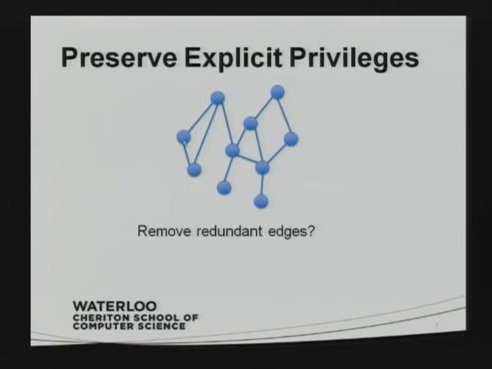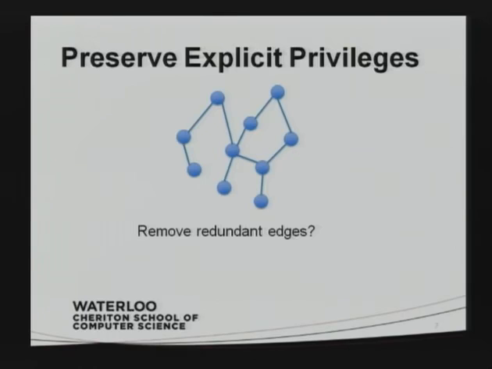But similarly, every privilege assigned to this group is also assigned to this individual. So I really don't need this edge in between to get the same privileges being passed down throughout here. So I could conceivably get rid of those two edges and say they're completely redundant. They don't actually give me any extra privileges.